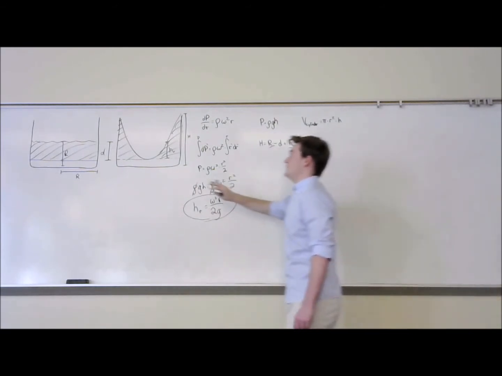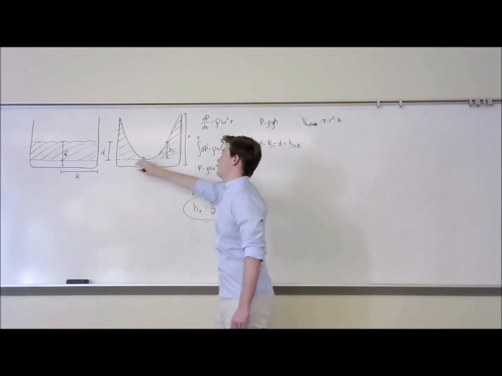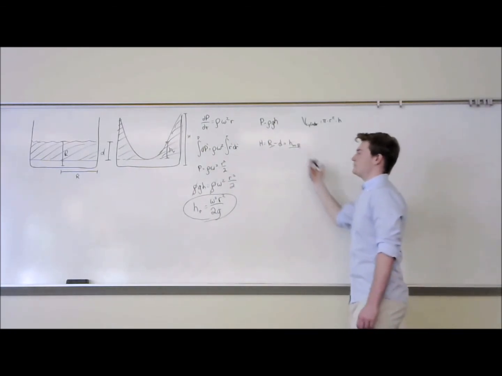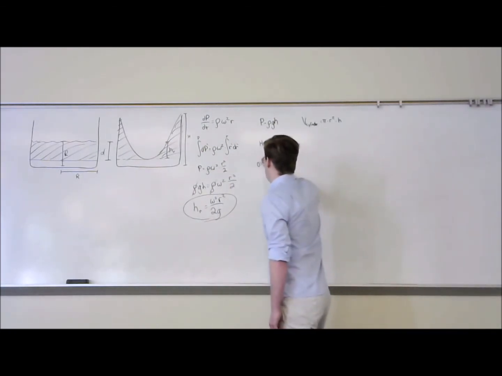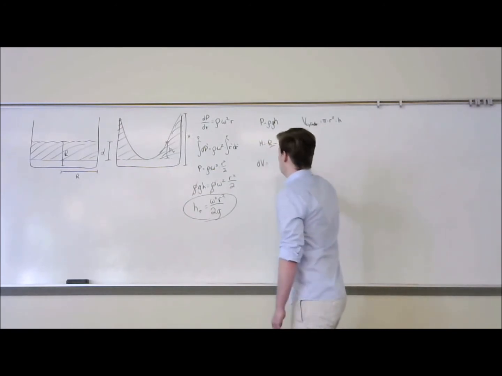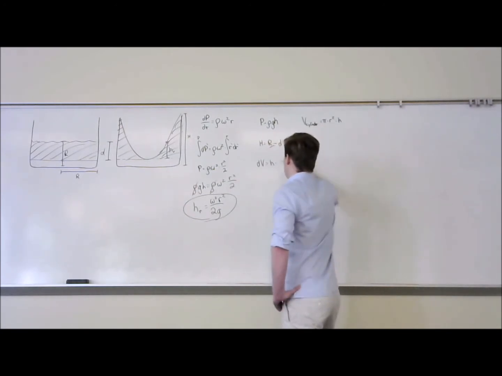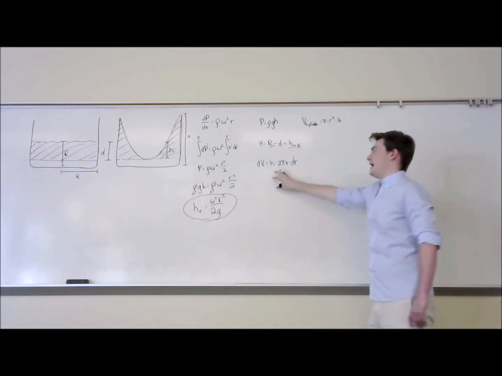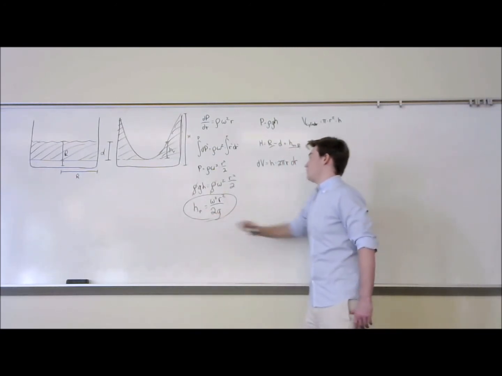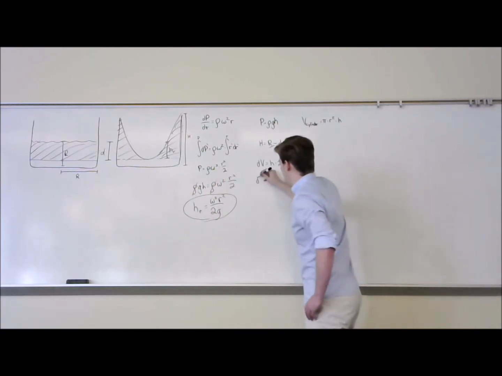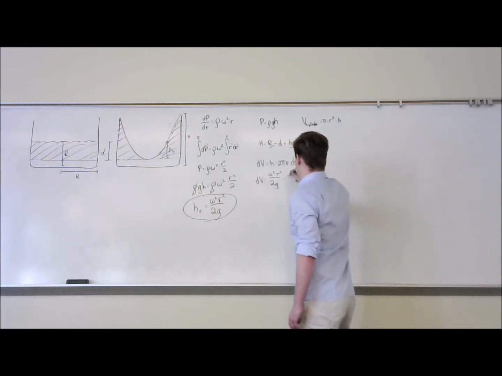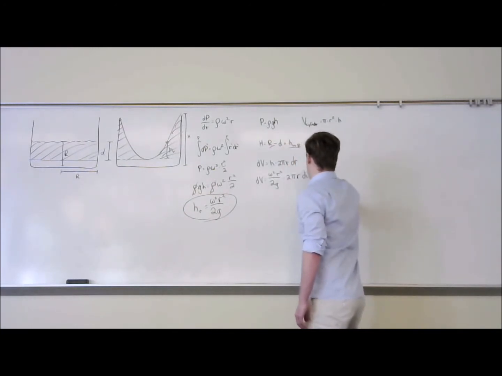What we want to do is integrate underneath this curve to find the volume underneath the parabola. We start with dV, the change in volume, equals the height times 2 pi r dr. We already solved for the height, so we plug that in: dV equals omega squared r squared over 2g times 2 pi r dr.